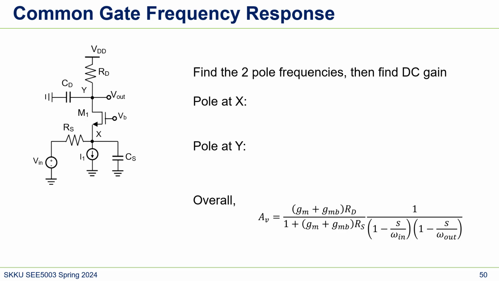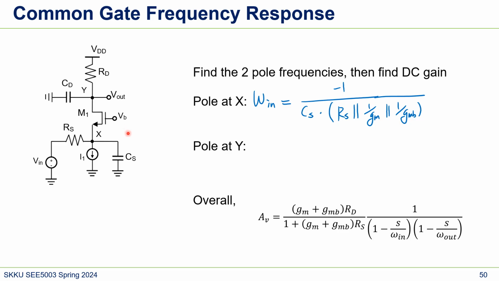So the pole at X, let's just say omega in, is 1 over, and what's the cap? The cap is CS, right? CS and R. R would be RS parallel 1 over GM and 1 over GMB, right?